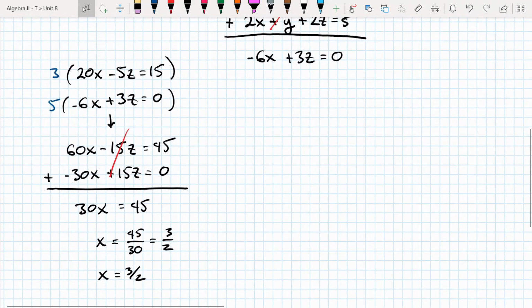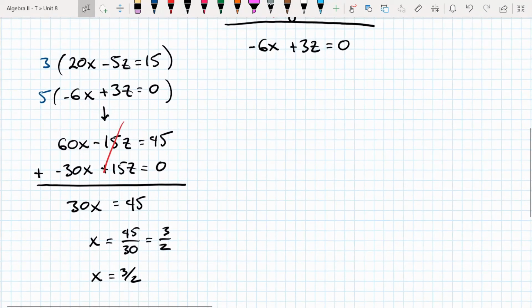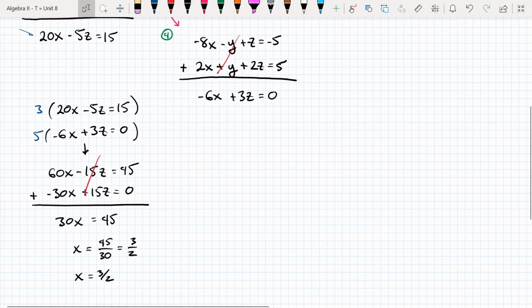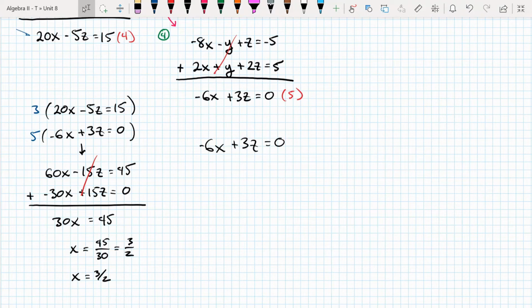Now to finish up step 5, we need to solve this system of equation. And to do that, we're just going to use one of these equations here. We'll call this equation 4, and this is equation 5. And we can pick either one, and we're going to plug in x in order to solve z. So let's just pick the equation number 5 because it looks to be a little bit easier to work with. So negative 6x plus 3z equals 0, and I'm going to plug in x equals 3 over 2 into this equation here.